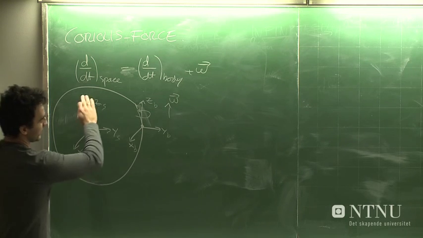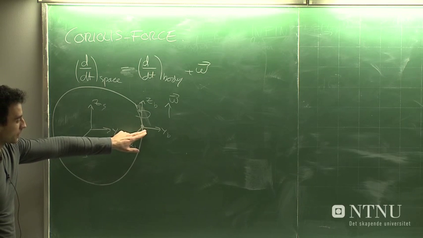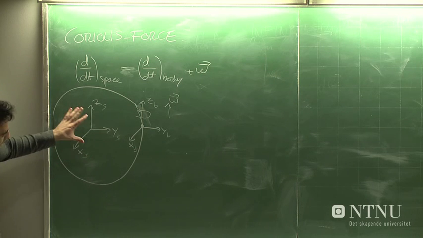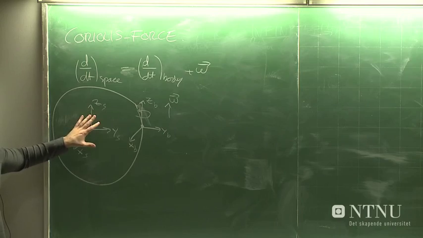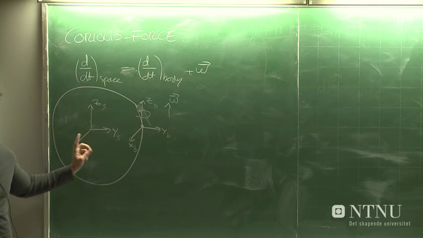Now, in deriving this relation, we actually assumed that the origin of these two coordinate systems coincided. Right? We had a fixed system, and then we had a superimposed rotating system with the same origin, the only difference being that it was rotating.